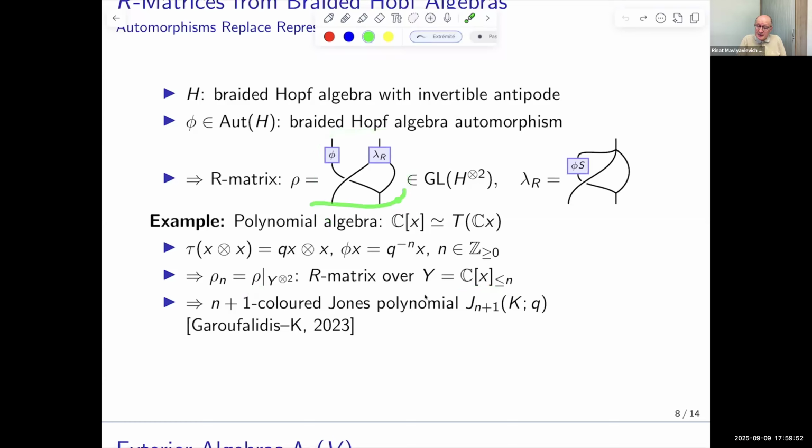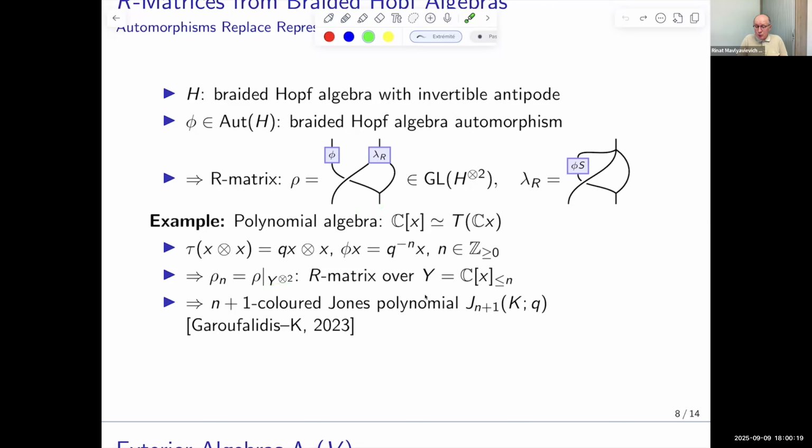So this formula makes sense irrespective of the dimension of the underlying braided Hopf algebra. But for this specific choice of the automorphism, this R-matrix preserves a finite dimensional vector subspace of the polynomial algebra.